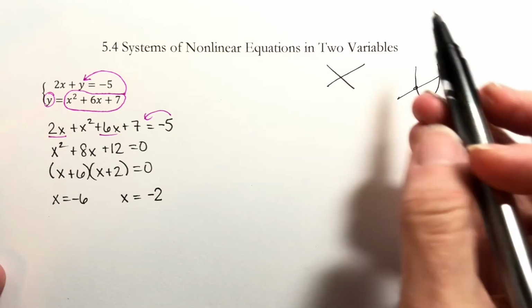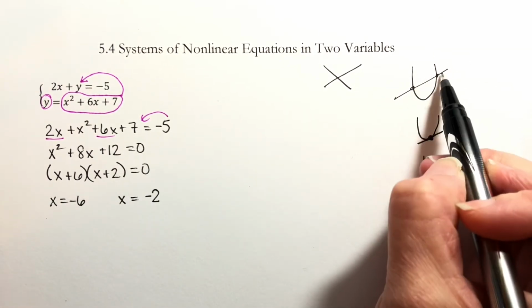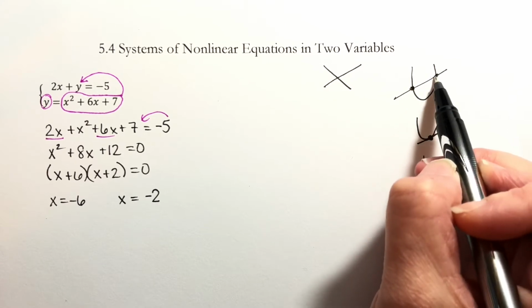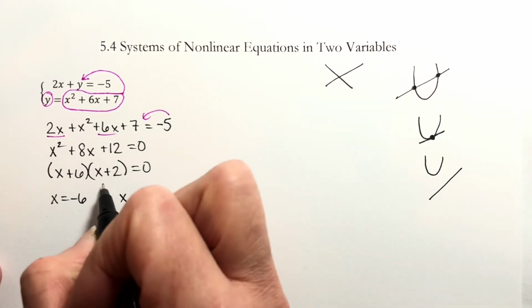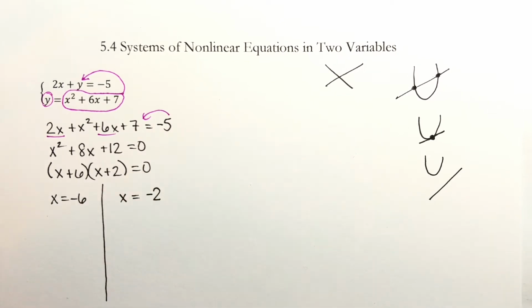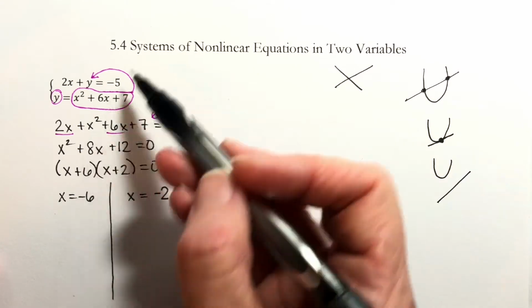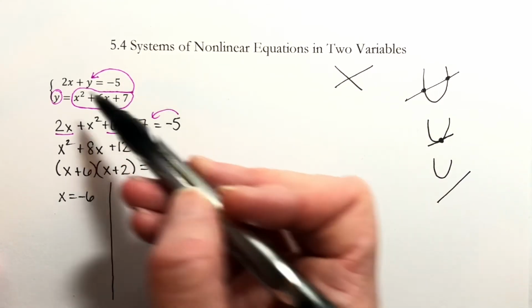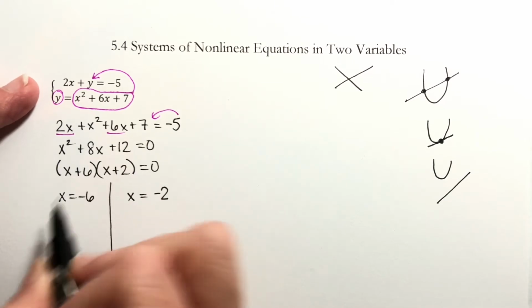What I have going on is this situation here. I cross at two different x values. So that means I need to find the y values for each point, not just one of them. So this sort of separates into two problems at this point. I want to take this x value and plug it in somewhere so that it's easy to find the y. Let's plug into the top one, okay?